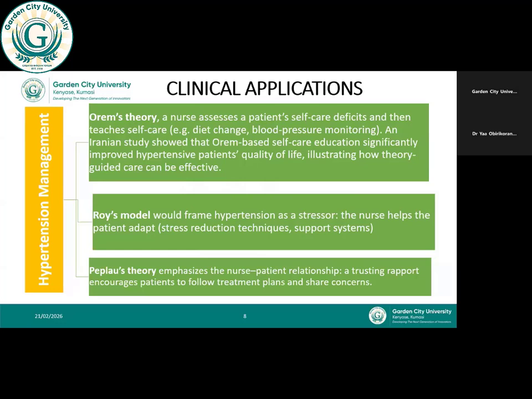And if you are applying it, they will see hypertension as a stressor, use it to assess the patient, identify the various stresses, and then come up with their diagnosis and implement their plan and implement the care and evaluate. And in so doing, the patients may be able to reduce whatever is causing the stress, or there will be some supports that will help the patient manage with that stress.